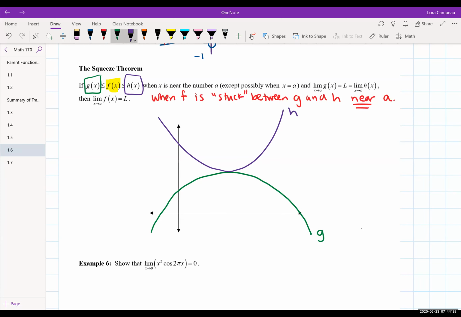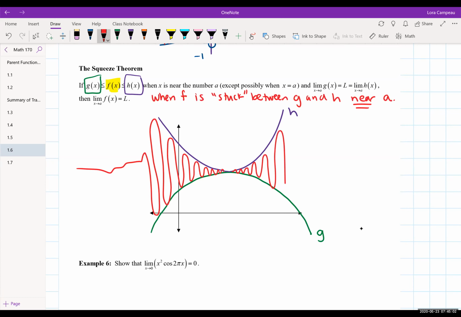But we're really interested in seeing what this function is. A lot of times, it doesn't necessarily matter what's happening on the entire part of f, but there are cases where you can inspect what's going on with the function. It might not matter what's happening on the edges. It matters what's happening at that particular value, or near that particular value, of a.